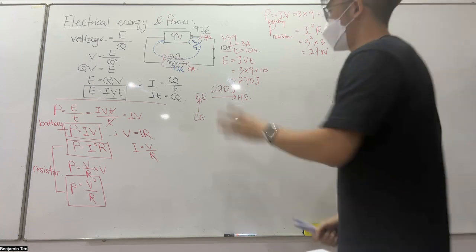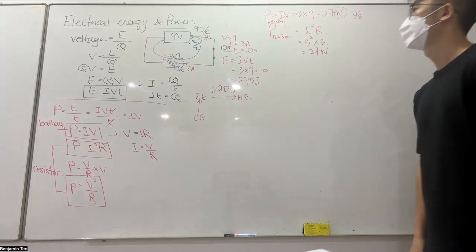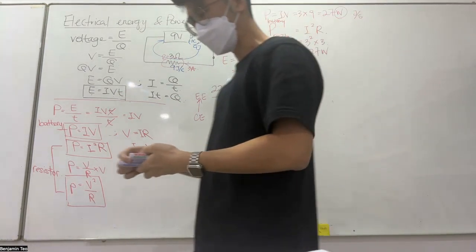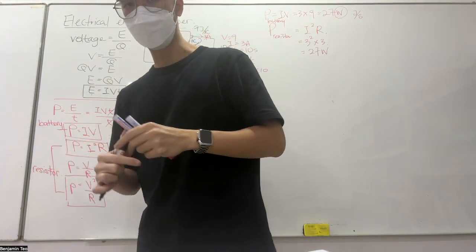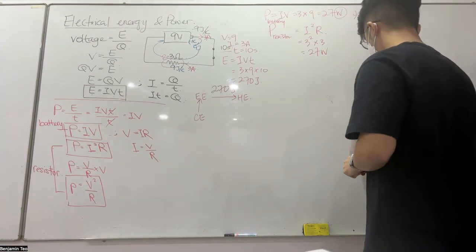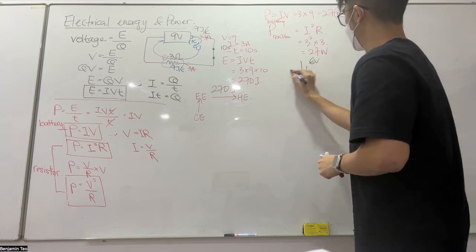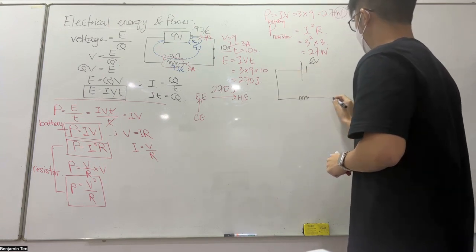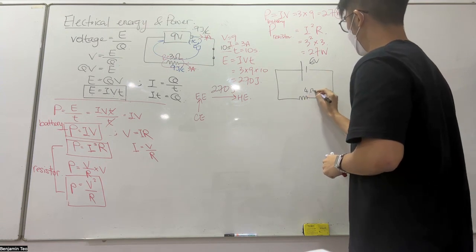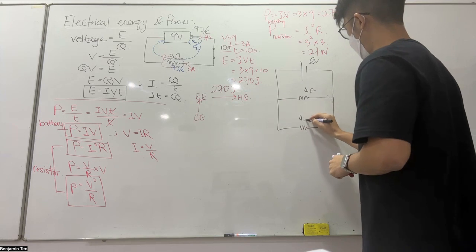Okay, so we have 4 formulas in this part. Example again, I give you another example. Let's combine it with our series parallel calculation. Let's say 6 volt, 4 ohm, 4 ohm.